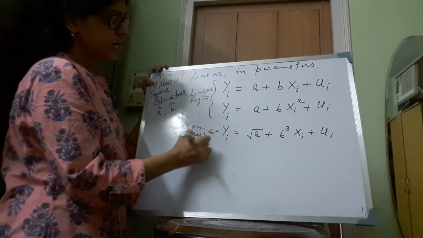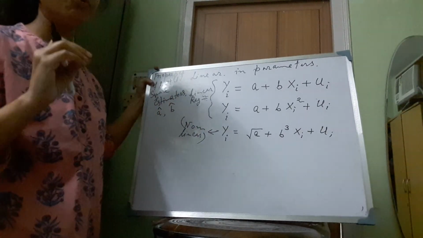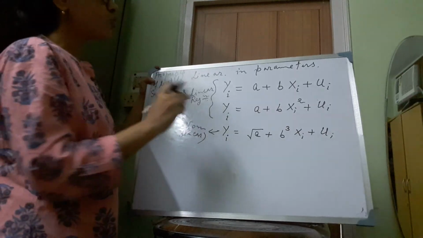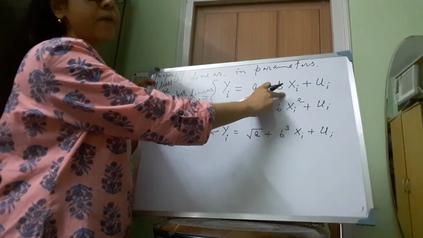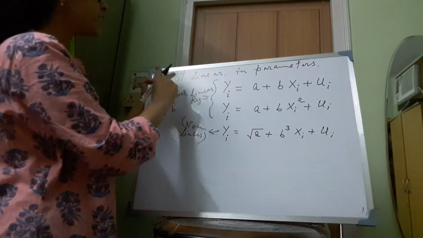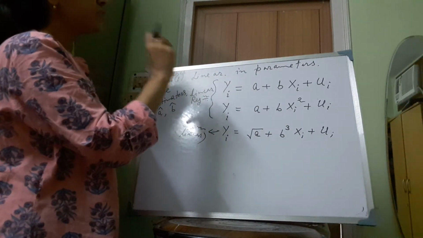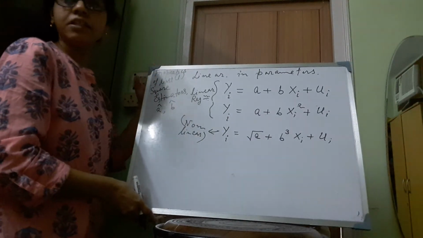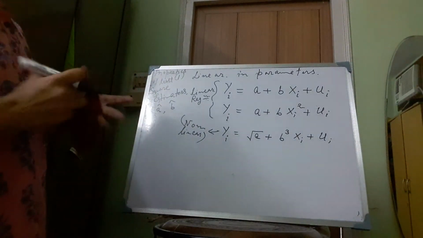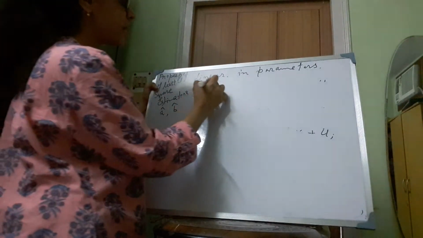So when we are talking about the linear regression equation, ordinary least square, we are talking about the linear regression where we are considering the linearity in parameters. So the first property is saying that the parameters should be linear. There should be no non-linearity in the parameters. Now the second property is the parameters are unbiased.